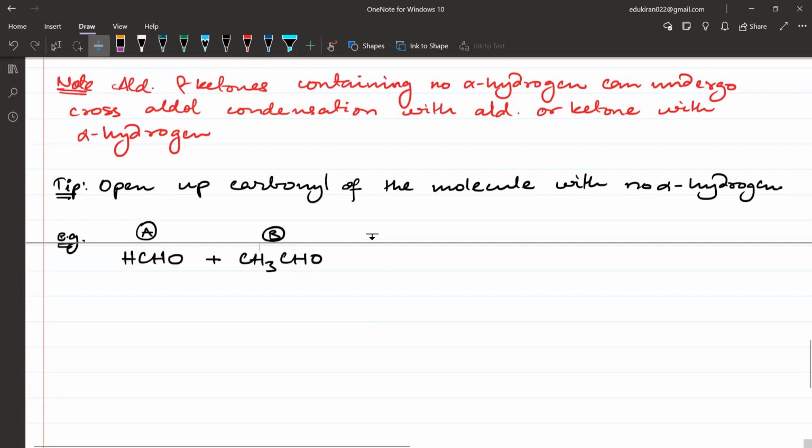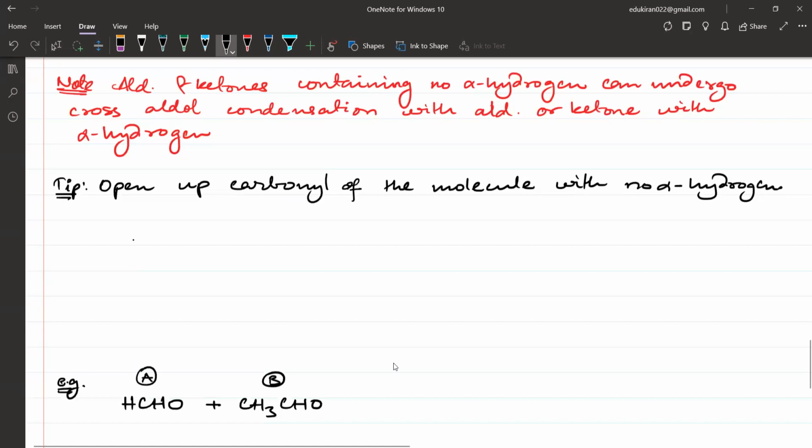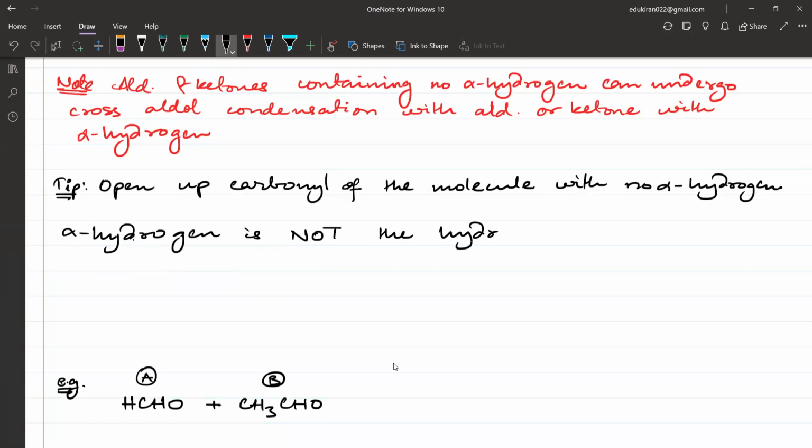ठीक. तो फिर आप सबसे पहले लिखिए alpha hydrogen की definition. Please write. Alpha hydrogen is not the hydrogen attached to carbonyl group.